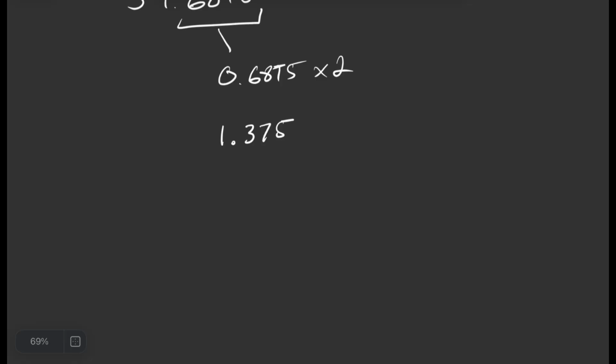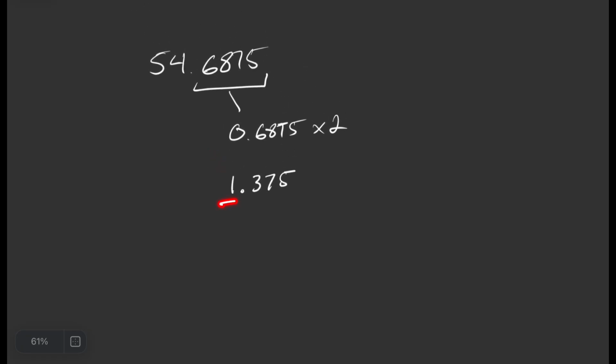Remember, we're going to take this value here and chart it down. Then we are going to take this decimal, 0.375, and multiply it by 2 again. That gives us 0.75. I'm going to put my 0 here.